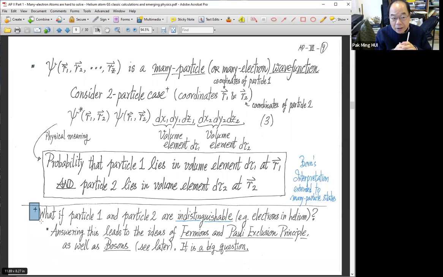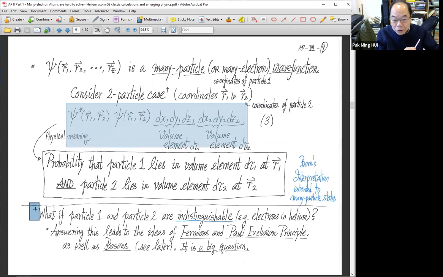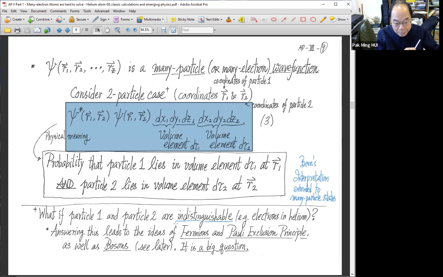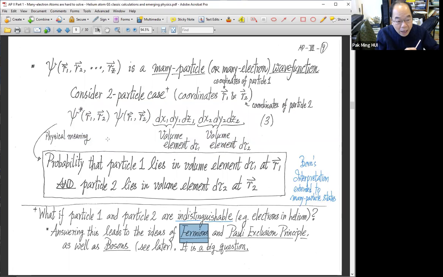And in that case, the wave function will have to obey some stringent requirement. It is about the symmetry when we interchange the coordinates of 2 indistinguishable particles. Nonetheless, what we are discussing here, the interpretation remains the same. That point has to do with how to write down a proper wave function when you have many electrons.